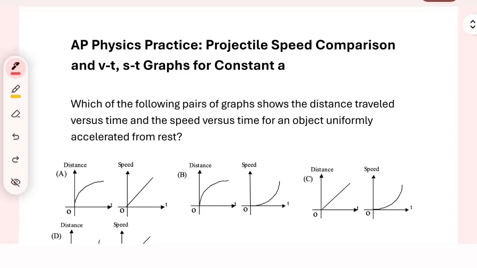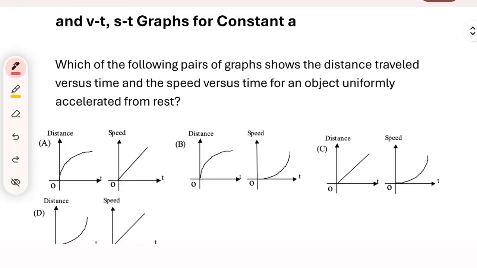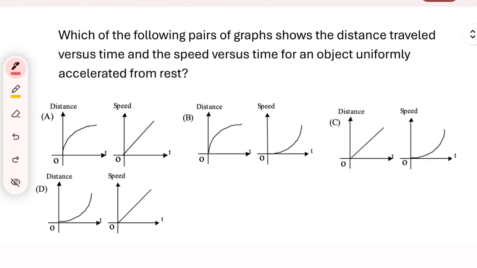So that is now the clue. There's an object that's uniformly accelerated from rest. So it starts from zero, then it's accelerating from rest uniformly. Now, based on that given, which of these choices of graphs do you think will give us the right illustration?